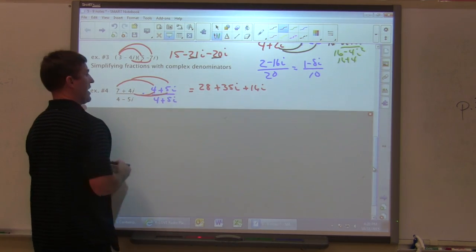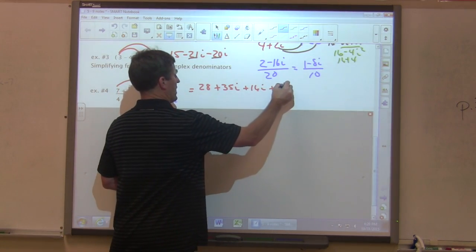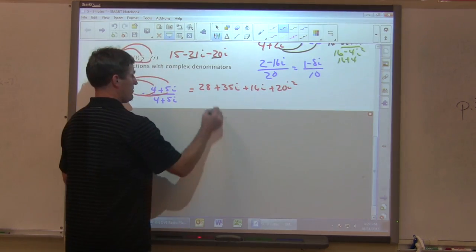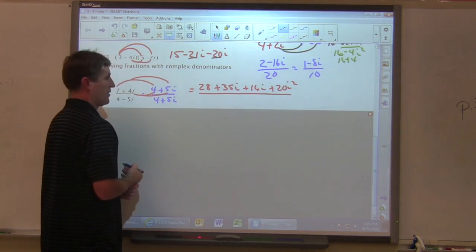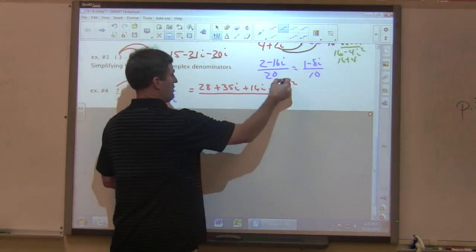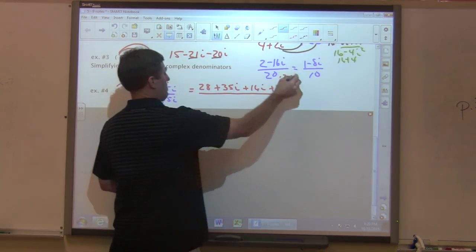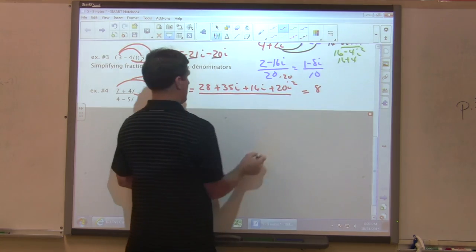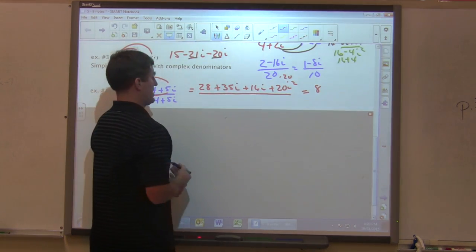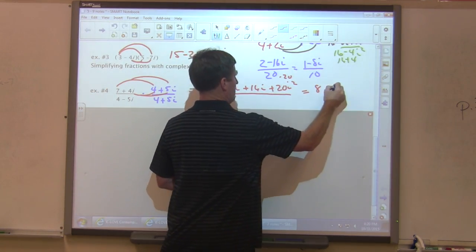And 4i times 5i would be 20i squared. That's my numerator. Remember, this now is going to become negative 20 because i squared is negative 1. So 28 minus 20 is 8. And 35 plus 16 would be 51i.